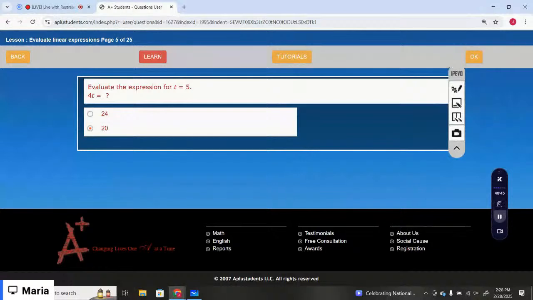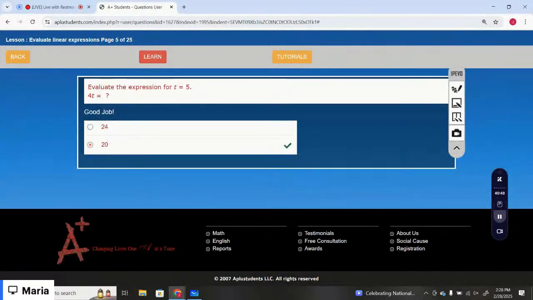That is 4 times 5, 28 is option number 2 is the correct option.